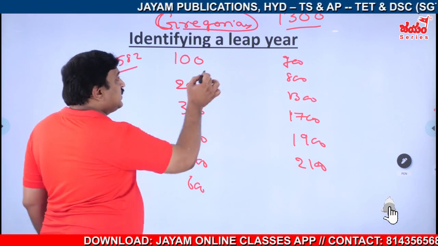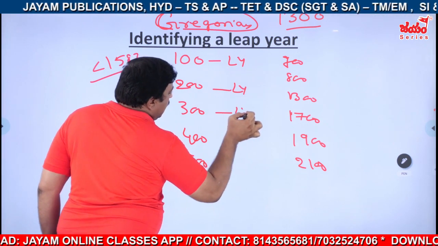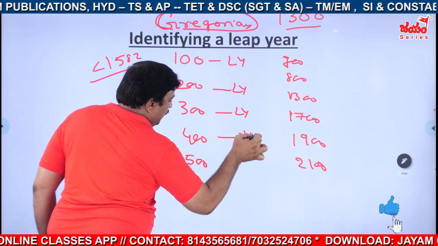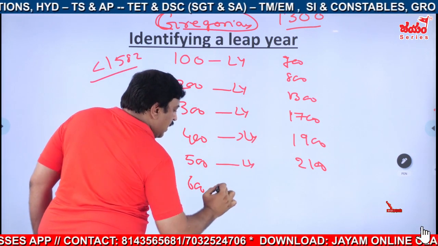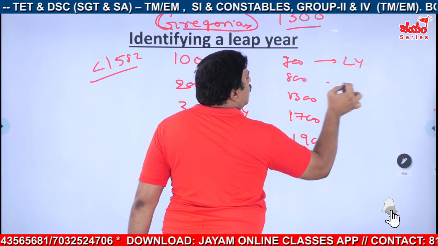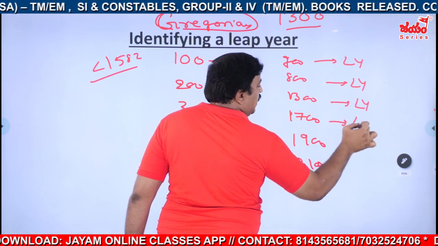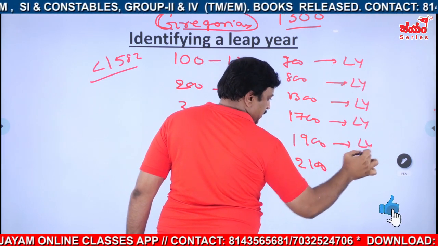That means the 100th year is a leap year only. This is also a leap year, leap year, leap year, because all are divisible by 4. That's all. First of all, this is the case.